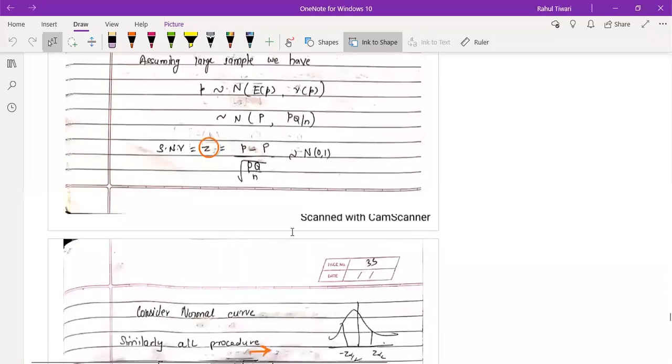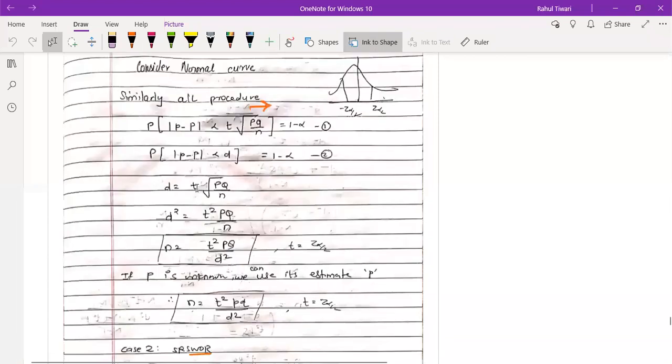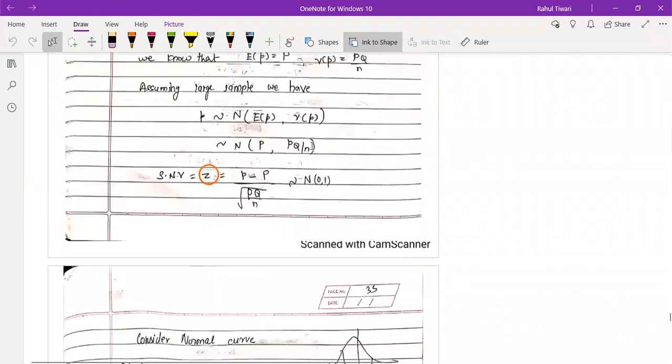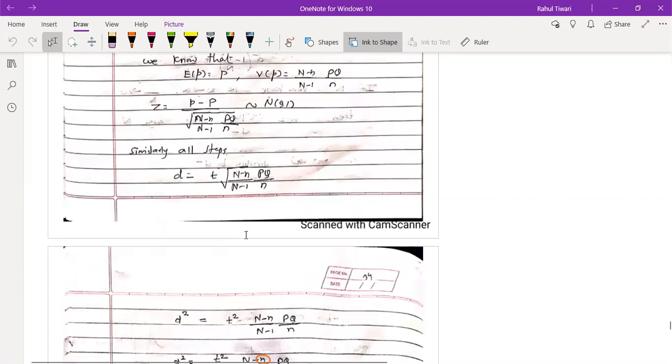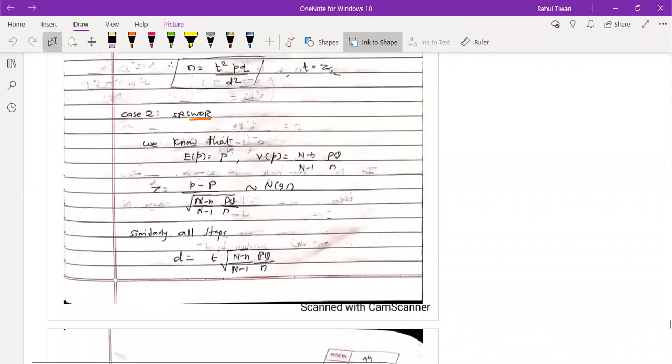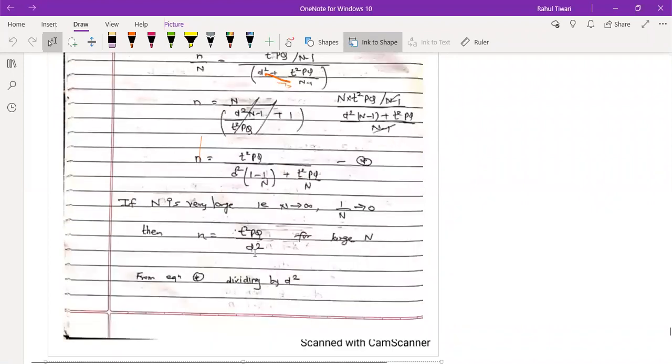In attributes also, we can assume d into pq upon n, because the variance is pq upon n. Take the square root, you'll get the standard deviation. Compare it and you'll get the value of n. It is a similar procedure; you just have to work out a little bit. Similarly, you can work on SRSWOR, and again, if capital N is large, it tends to the SRSWR result.